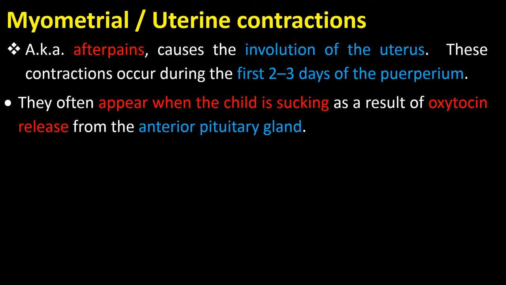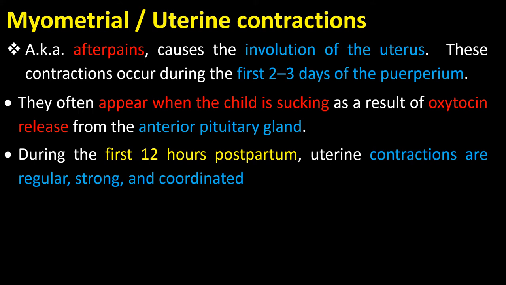Because during breastfeeding, there is a release of the hormone oxytocin, which is because of the stimulation of the nipples of the mother. And this oxytocin is from the anterior pituitary gland. And alam naman natin yung silbi ng oxytocin, it is used to stimulate the uterus to contract. So because of that contraction, the uterus will now involute to its normal size and shape gradually.